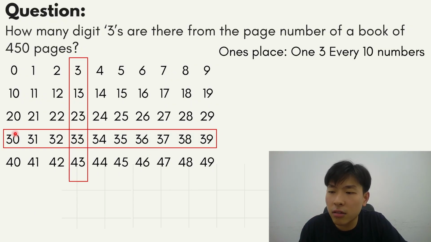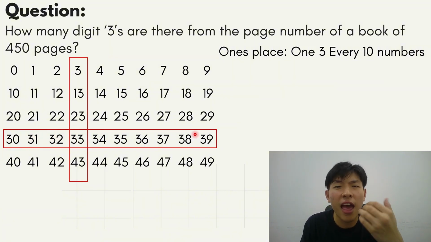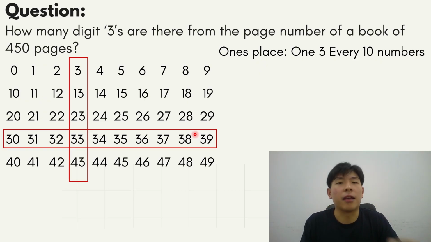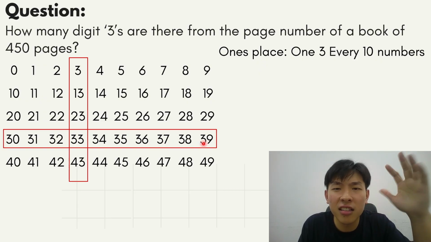Next, what about the tens place? How many threes do I have in the tens place from 0 to 99? Let's see here. For this row, 1, 2, 3, 4, 5, 6, 7, 8, 9, 10. Only 10. Are there any other threes in the tens place?